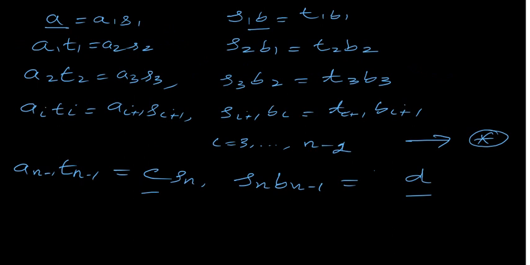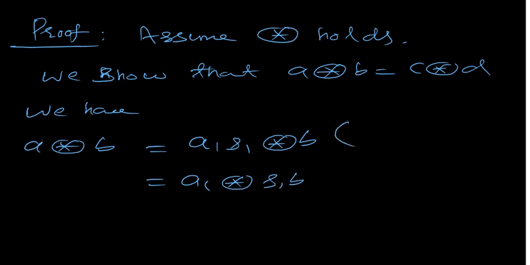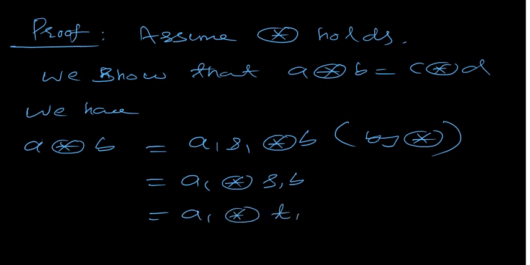So let's insert the value of A here. So it's equal to A1 S1 tensor B, and the same as A1 tensor S1 B as already explained. Now this equation A is equal to A1 S1, it is by star. I applied this equation star here, and this is equal to A1 tensor, and this one S1 B, it's equal to T1 B1, where T1 is in S, again by equation star.